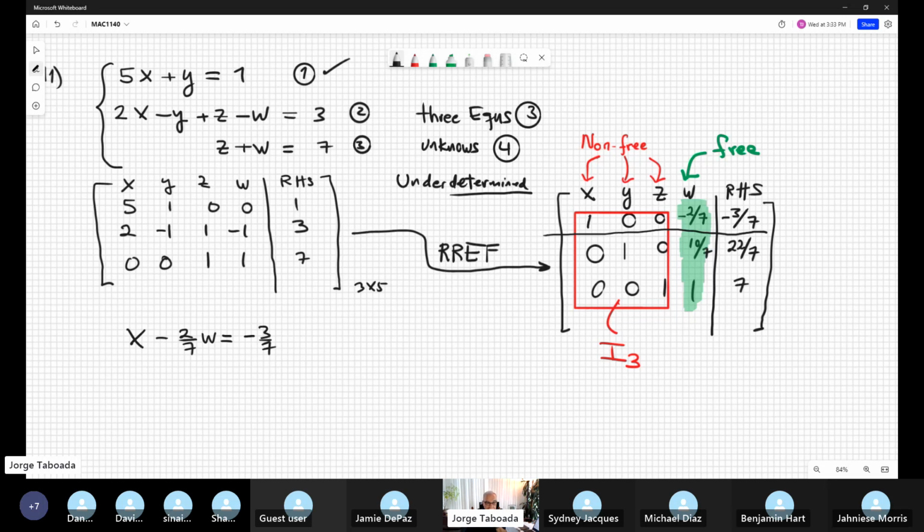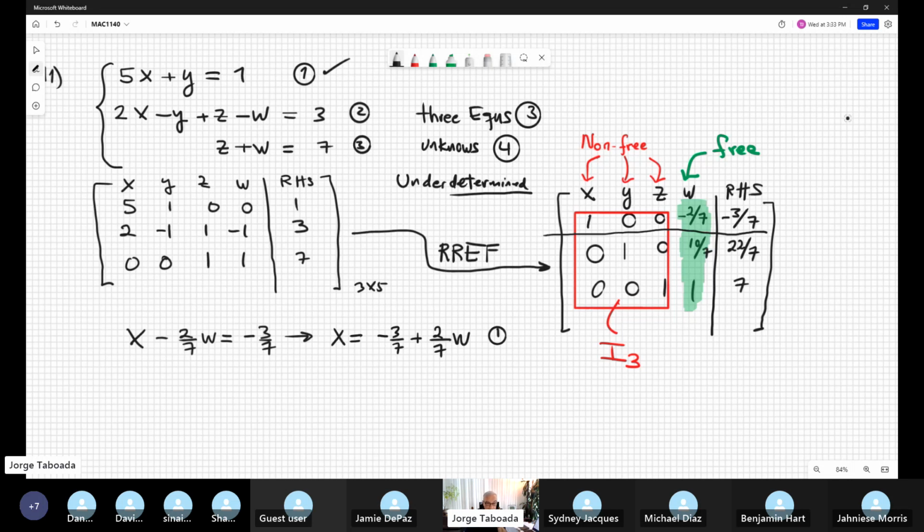As always, guys, you isolate the X part. Remember, the idea is to express the non-free variable as a function of the free variable. This is minus 3 over 7 plus 2 over 7 W. Bam. I have my first equation.